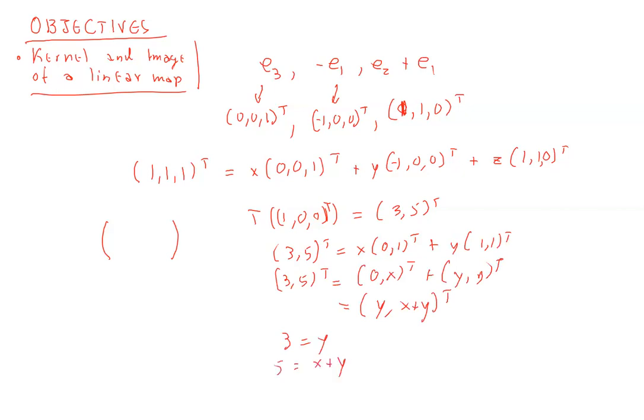You see, once you know that y is equal to 3, you get that x is equal to 2, and you're all set. Okay, so the first column, for example, would have been 2, 3. And then you would have to do it for the other two vectors, right? That was our quiz for today.